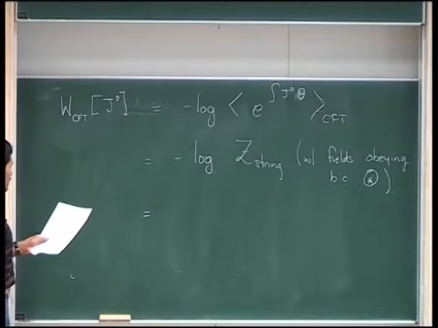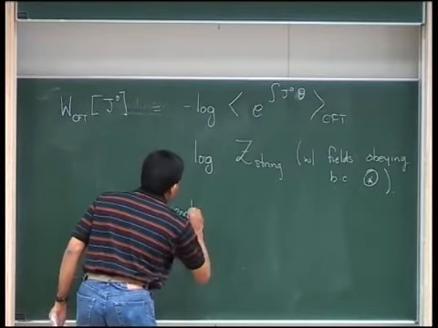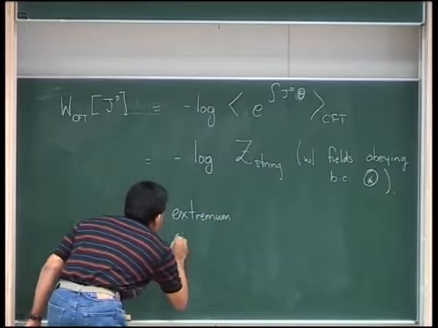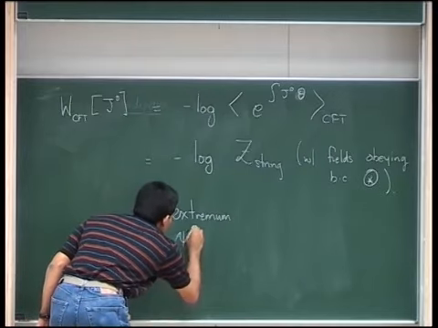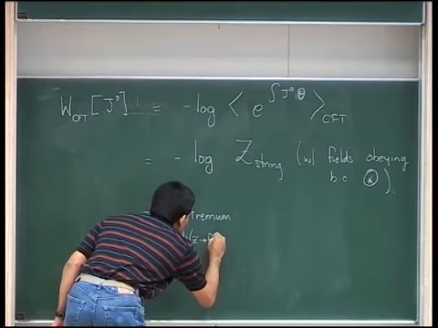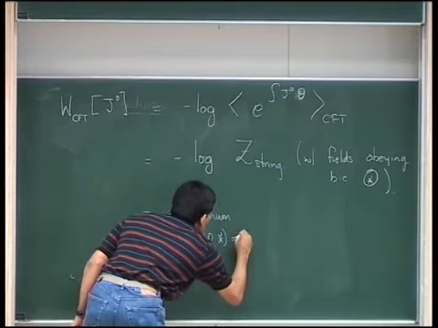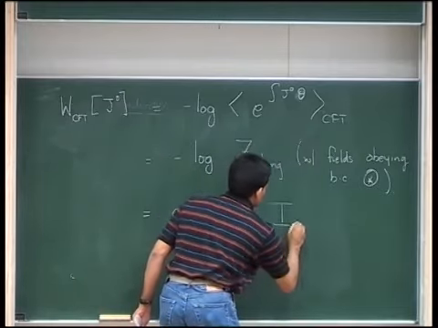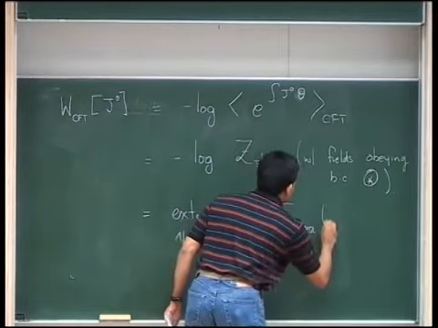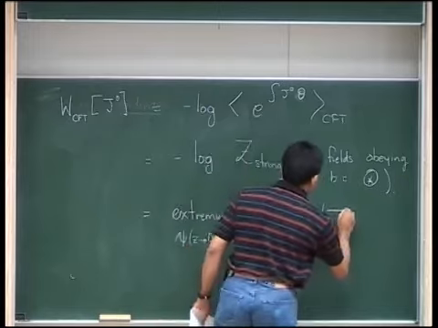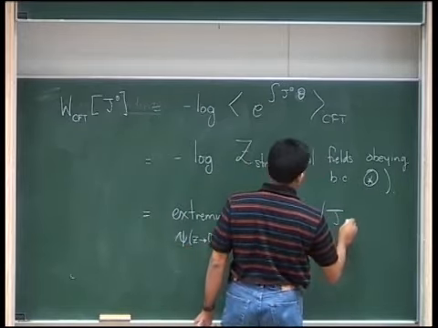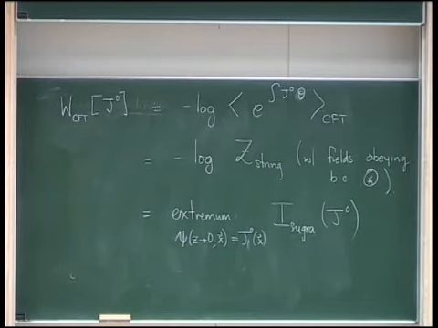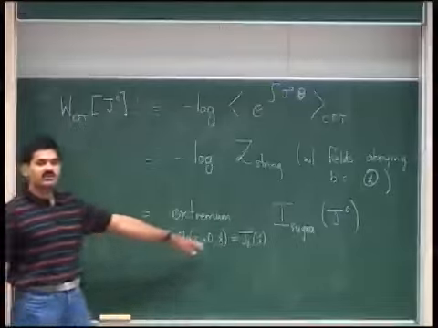And in the approximation I'm going to work in, this is going to be nothing but the supergravity action evaluated as a function of J naught, where all the supergravity fields obey this boundary condition.